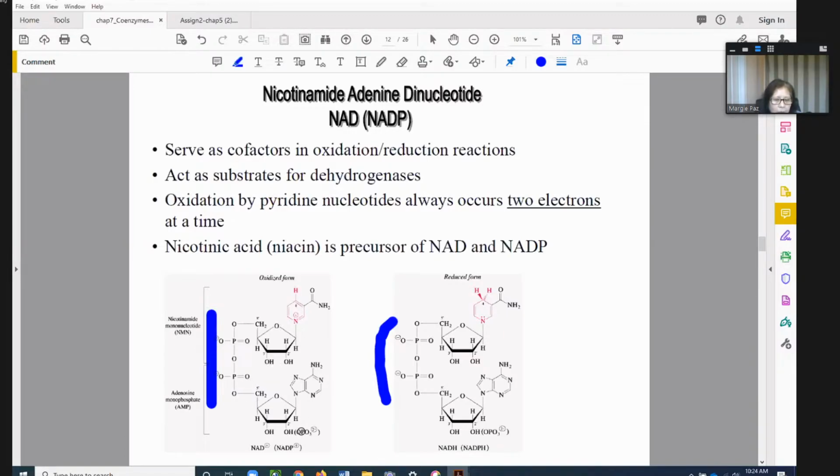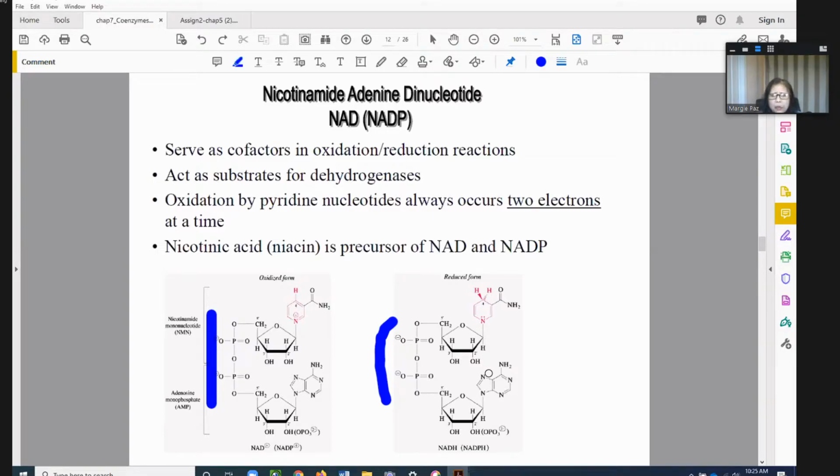All right. So say, for example, we are looking at the structure and it just says OH here at the 2'. Without the phosphate group, that will be NAD. But if we see that the 2' is phosphorylated, then that is NADP. On the right are the reduced forms.